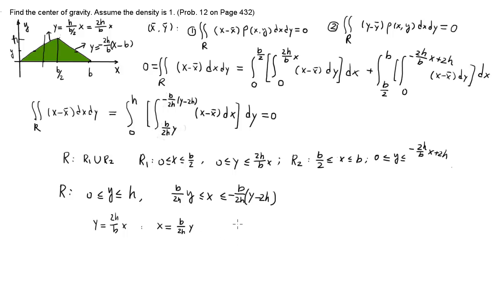And similarly, for the other straight segment of this line, y is equal to negative 2h over b x plus 2h. So from here we solve it: x is equal to negative b over 2h, times y minus 2h. And that's the one we have.